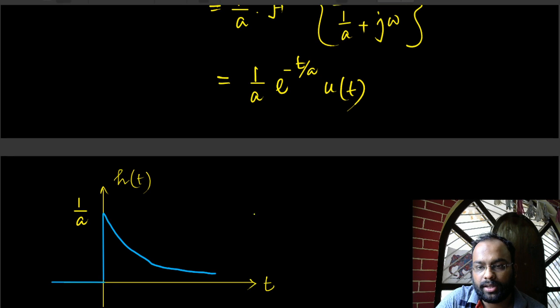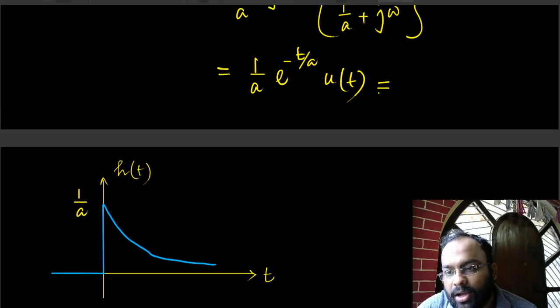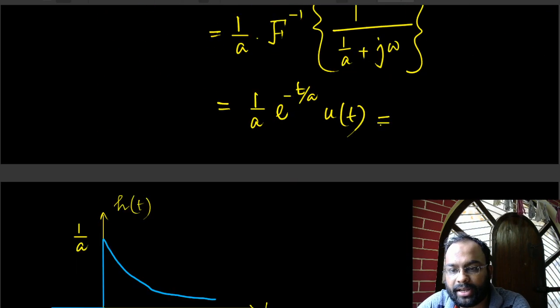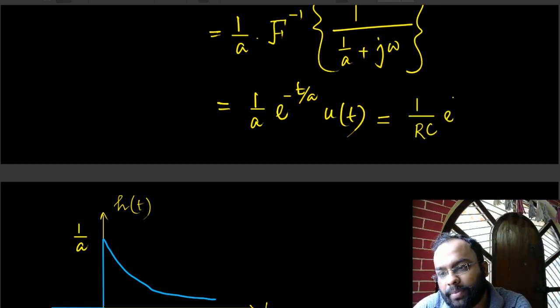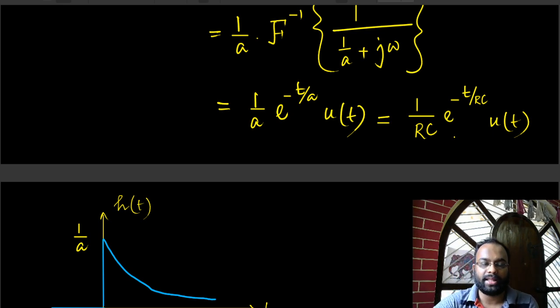Just to be very sure that we understand, what is A here? A is RC. So I'm writing this as 1 by RC e to the power minus t by RC u t. What is this RC known as? This RC is known as the time constant.